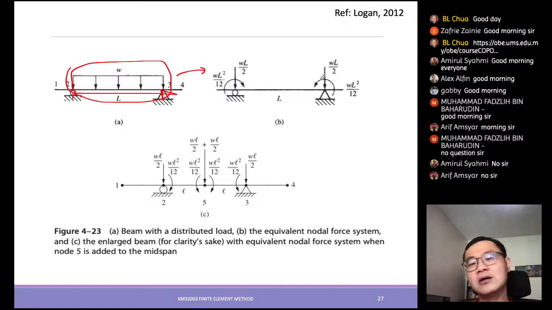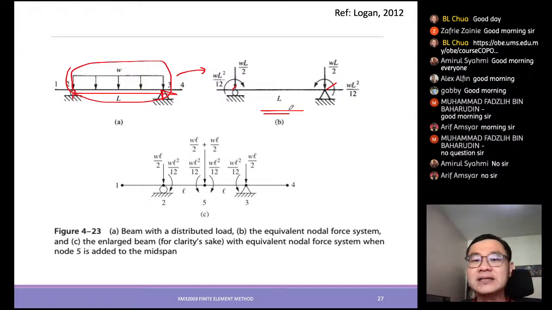So WL over 2, then the moment is WL square over 12, so you just add them on both sides itself. So eventually you will get this form, right?